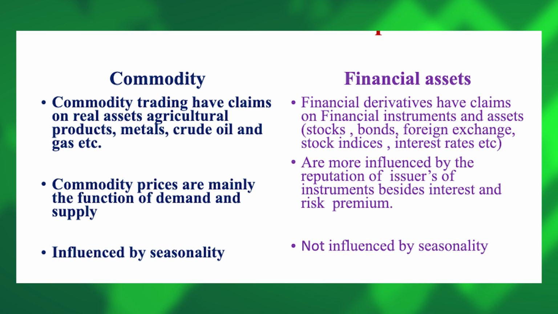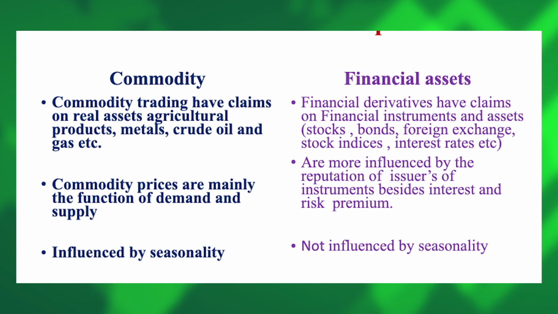Commodities trading has claims on real assets, agricultural products, metals, crude oil and gas, etc., which have physical property. On the other hand, financial derivatives have claims on financial instruments and assets like stocks, bonds, foreign exchange, stock indices, interest rates, etc. So these are not physical assets.